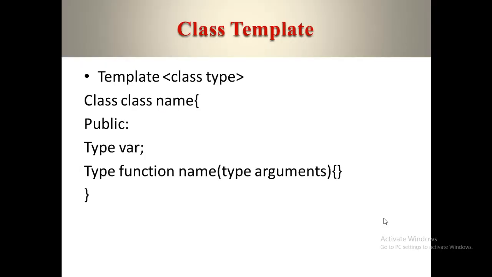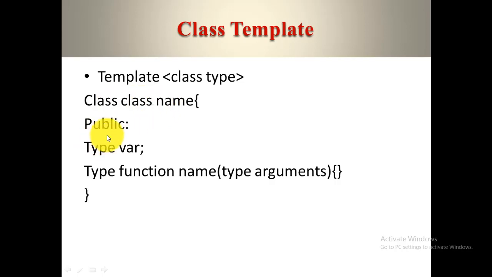After that, the next concept is class template. So here is the syntax of class template. It has the same syntax as the function template: we define the keyword template with a small t, and then class type, then we define the class, which is a reserved keyword to declare a class, and then the class name.